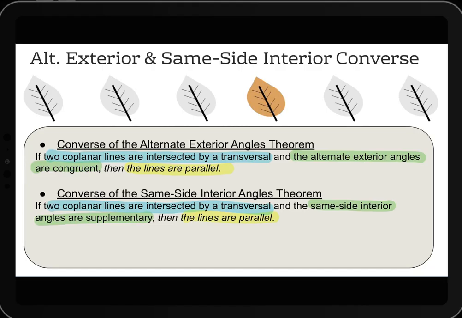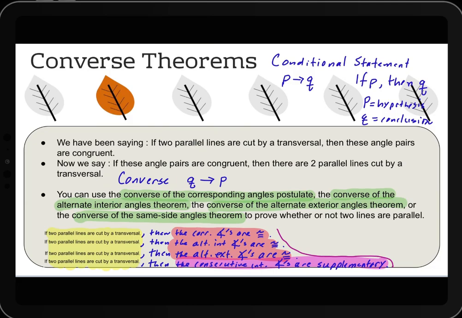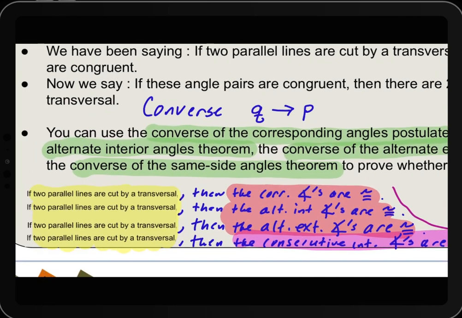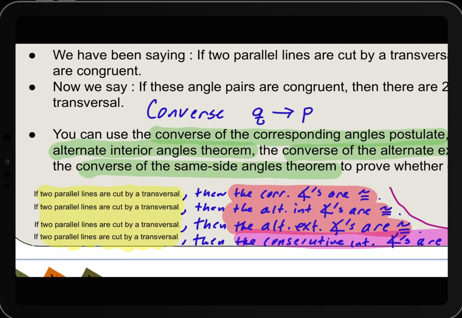These are actually the converses, however, of these statements, the ones that I have at the bottom of the screen. Now, the reason why they don't establish the word coplanar in there is because when they've already established that the lines are parallel, that automatically means they're in the same plane.